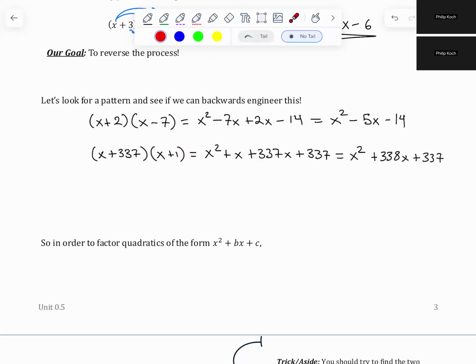That's something to notice. The other thing I've noticed is that the constant term is always the product of the two constants in the binomial. 2 times -7, that's -14. 337 times +1, that's +337.